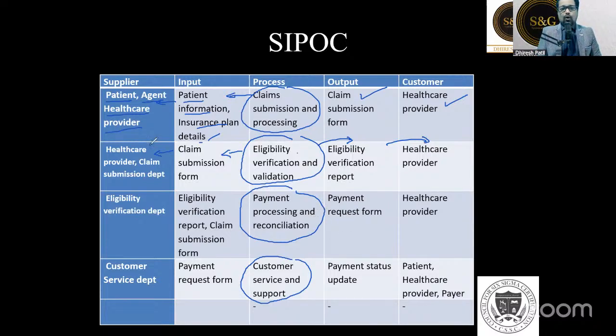In the SIPOC, there are 3-4 objectives we fulfill. One, the scope of the project. Second, all the inputs, which are the x's. Y is equal to a function of x, correct? The output depends on the inputs.